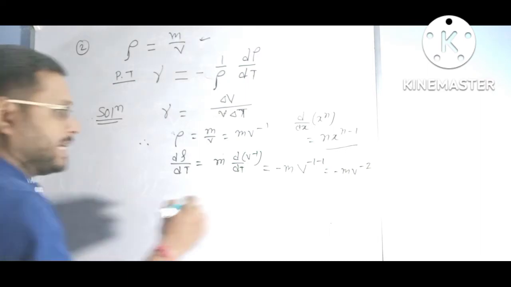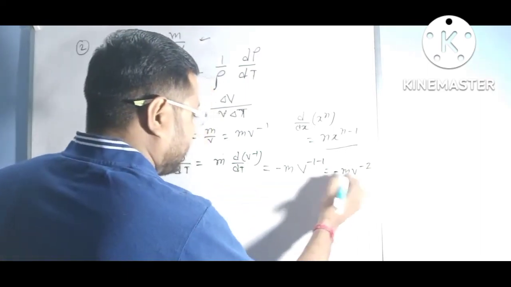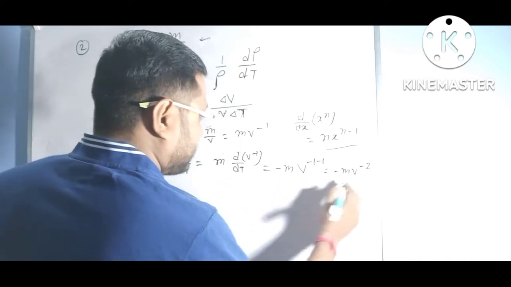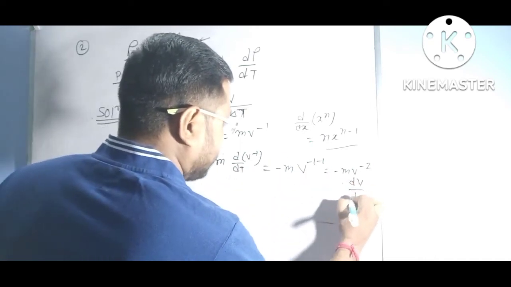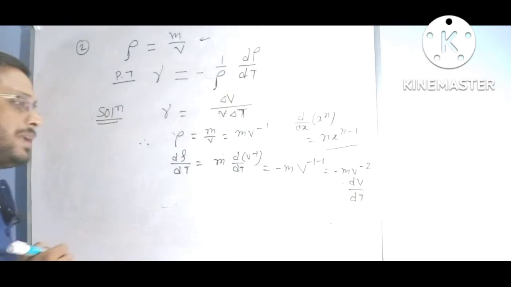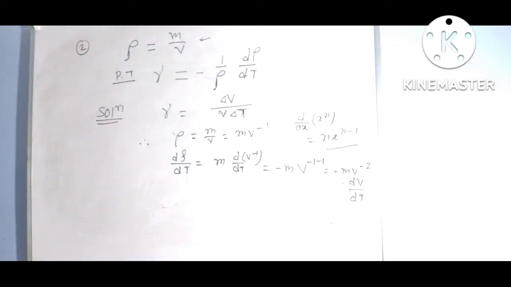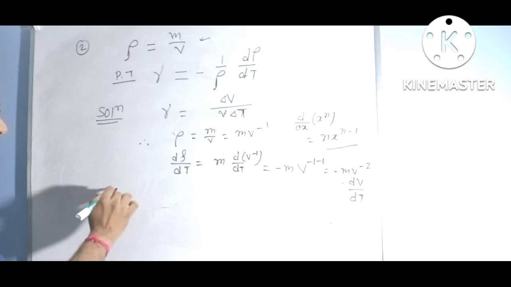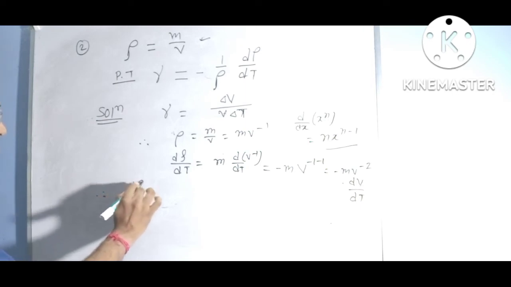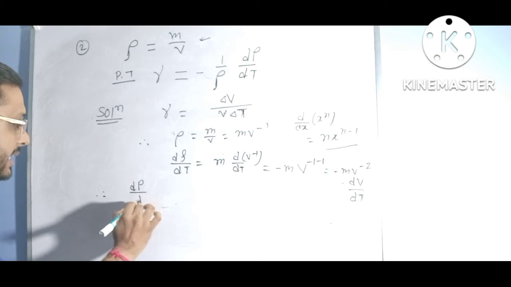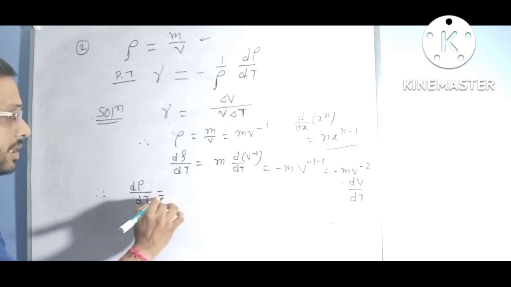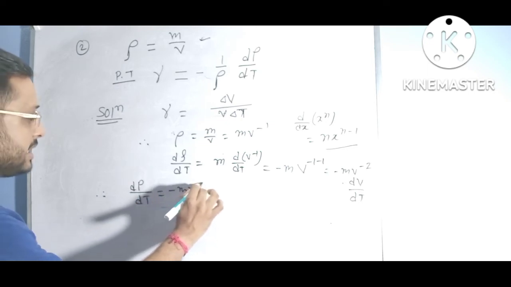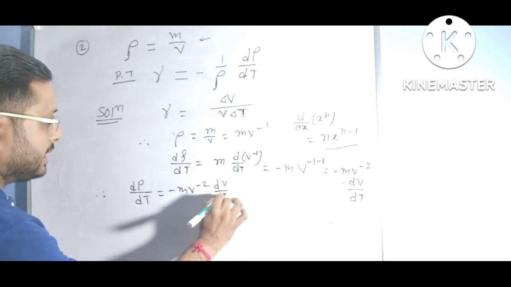And again we differentiate v with respect to t, that is dv by dt. So minus m v to the power minus 2 into dv by dt is equal to d rho by dt. Therefore d rho by dt equals minus m v to the power minus 2 dv by dt.